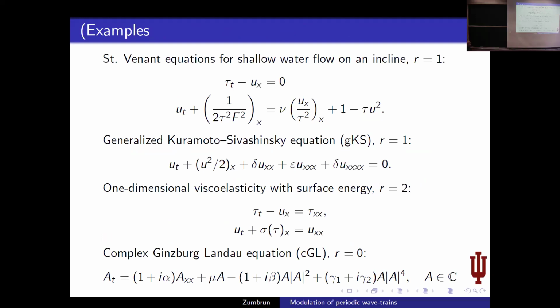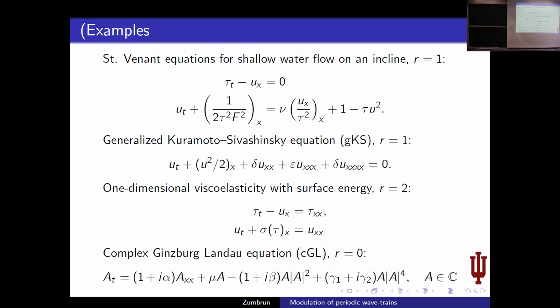Written in Lagrangian coordinates, it looks easier. And you see, just looking here, R equals 1. The first coordinate, tau, which is the specific volume, 1 over the height, satisfies a perfect conservative form equation. And so its integral is conserved. And the second equation doesn't, so it has some damping.